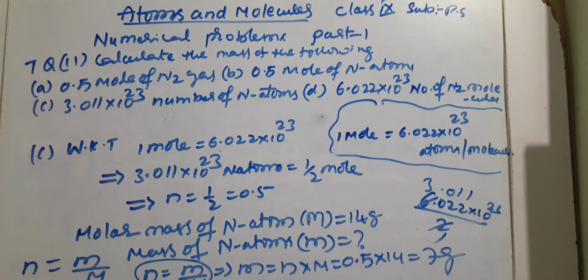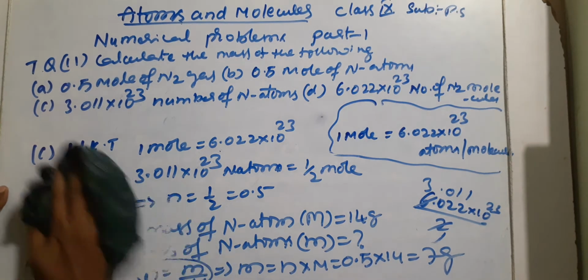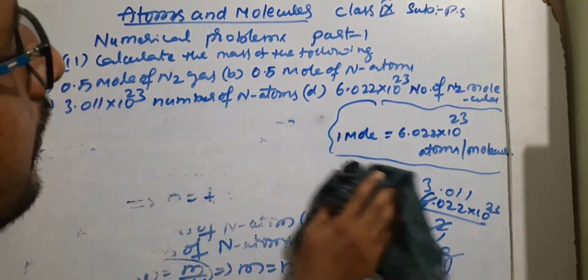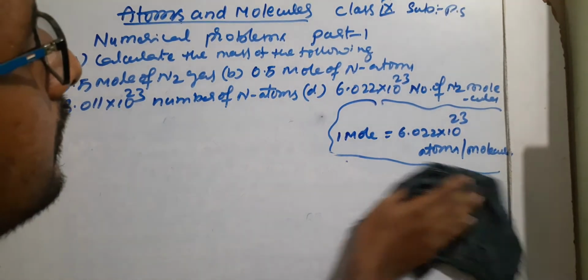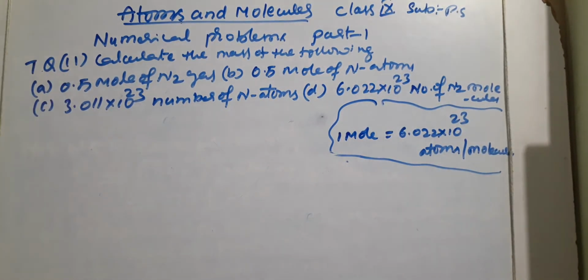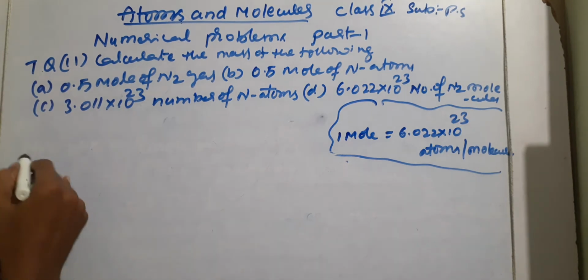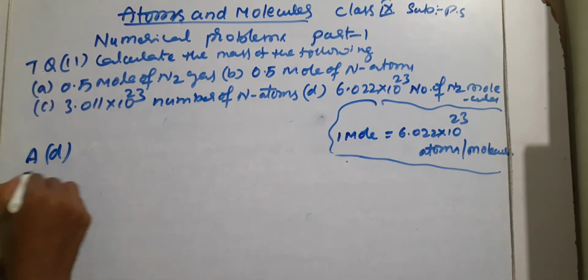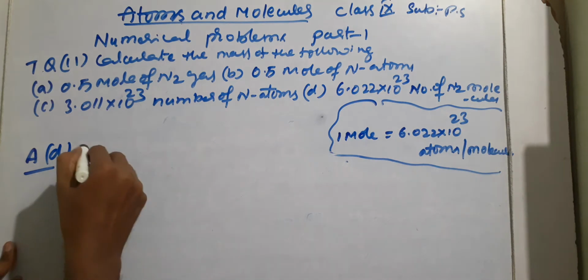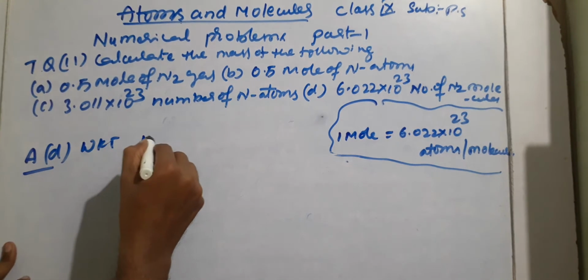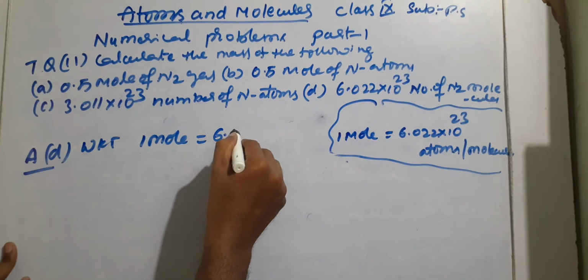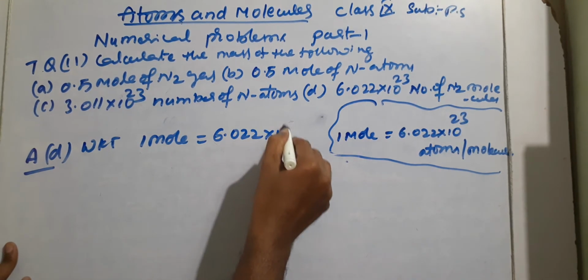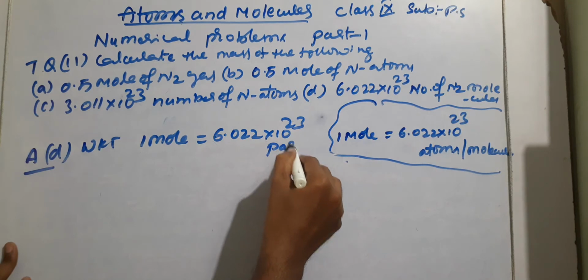What about problem number D, students? Solution for problem number D. So we know that 1 mole is equal to 6.022 into 10 power 23 particles.